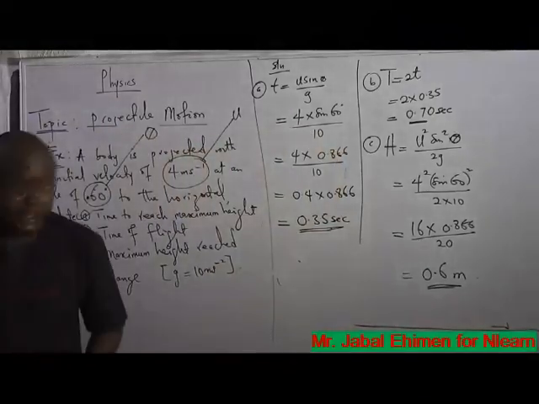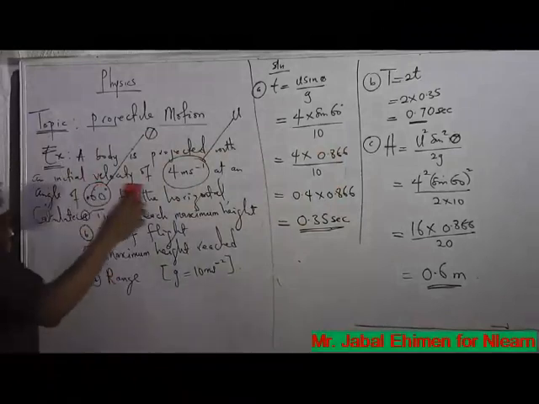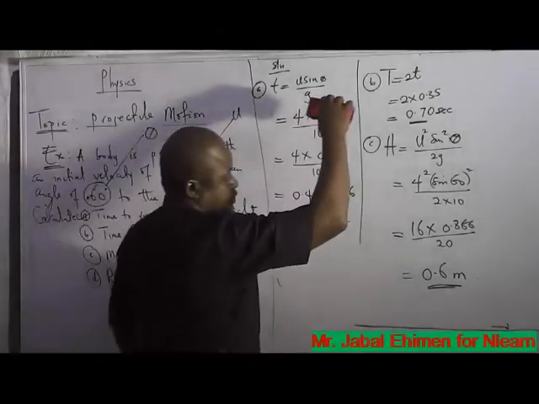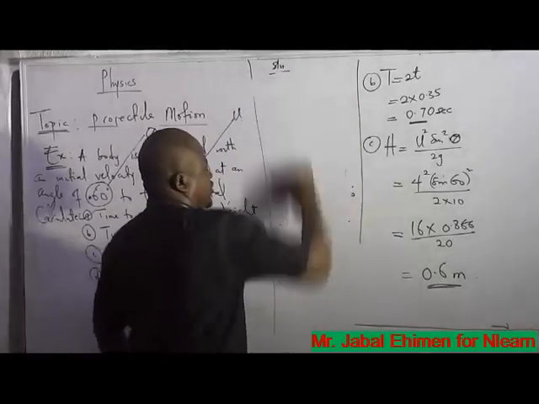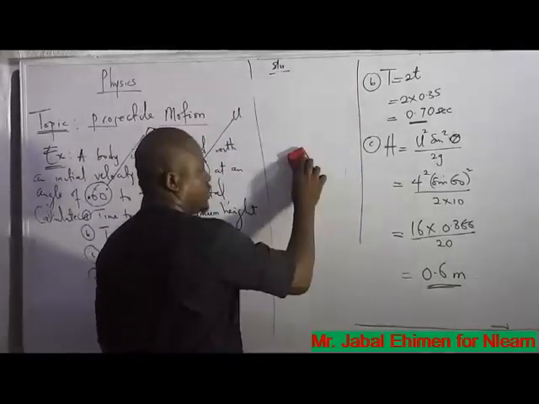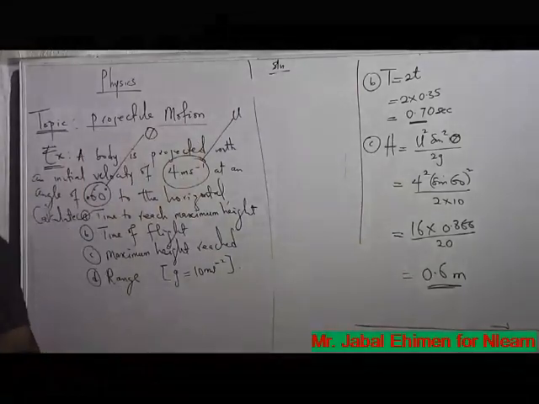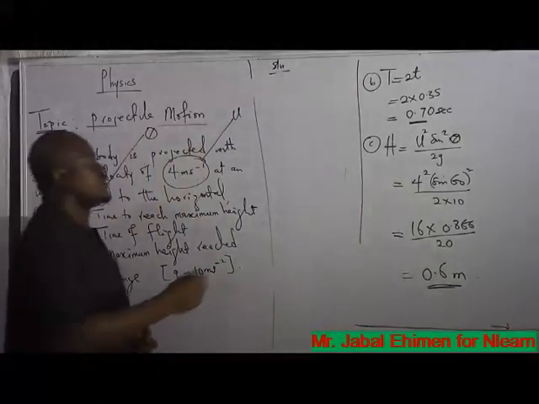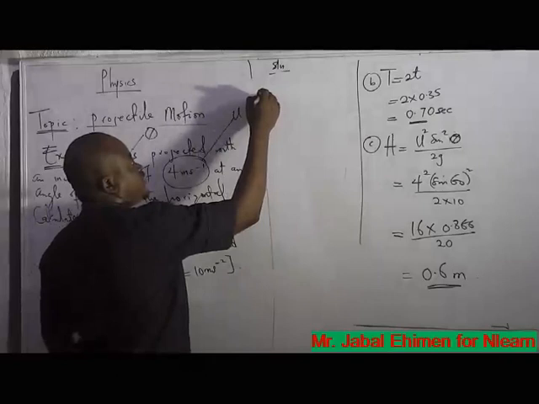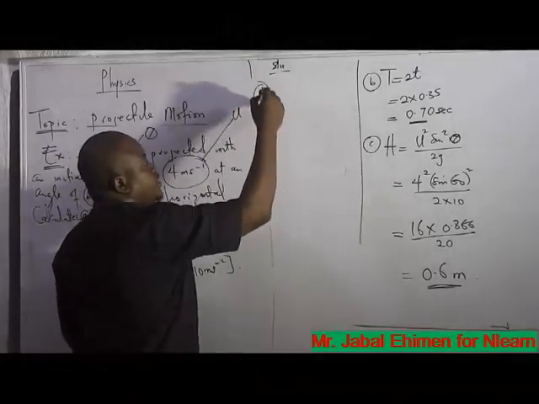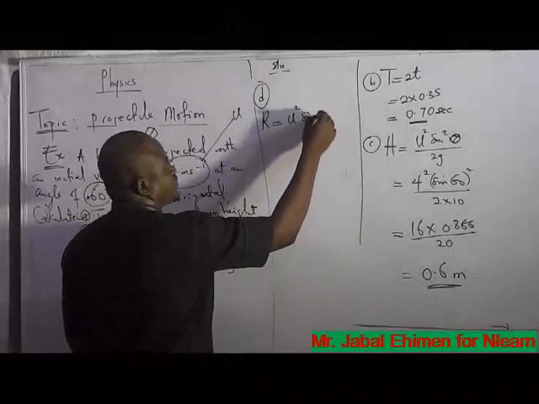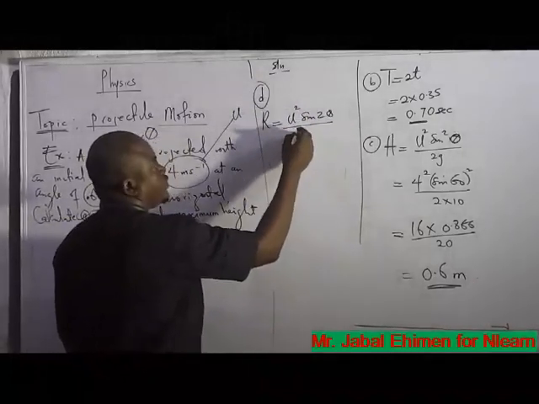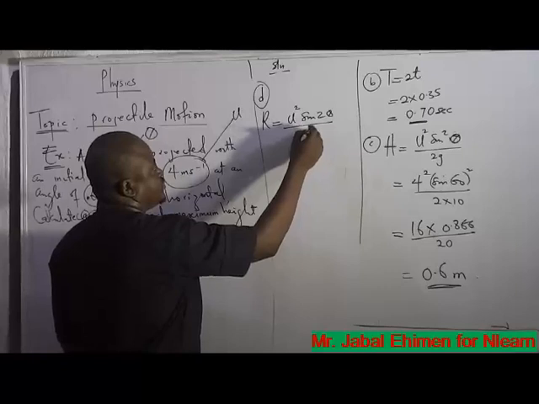Now, we'll have the last value, which is range, as D. Range is u squared sine 2 theta over g.